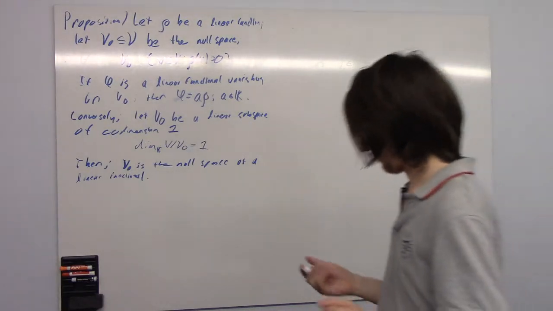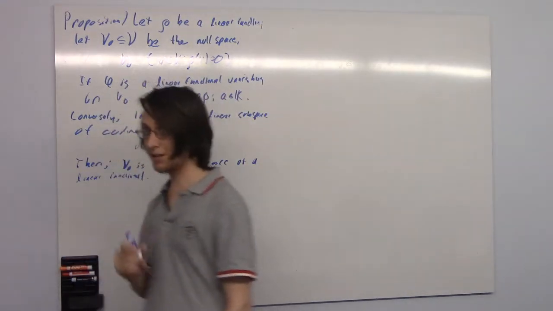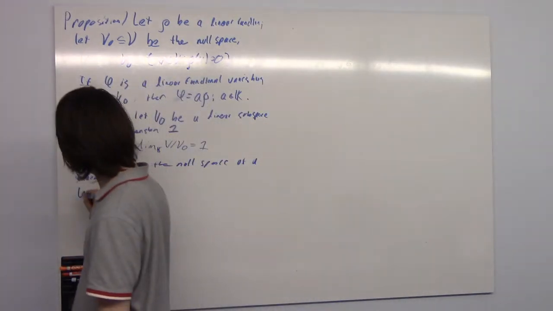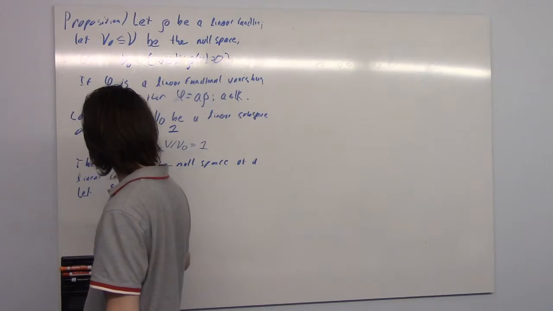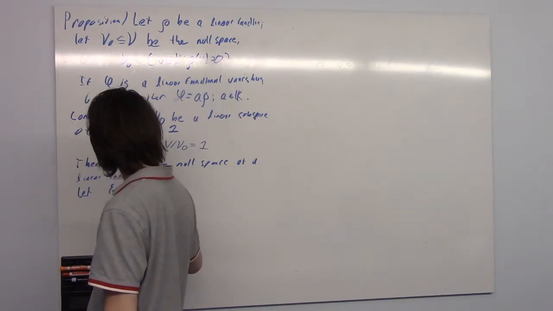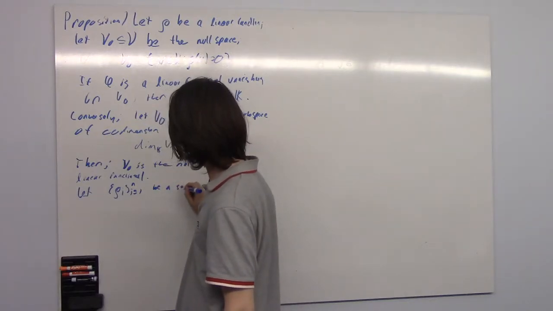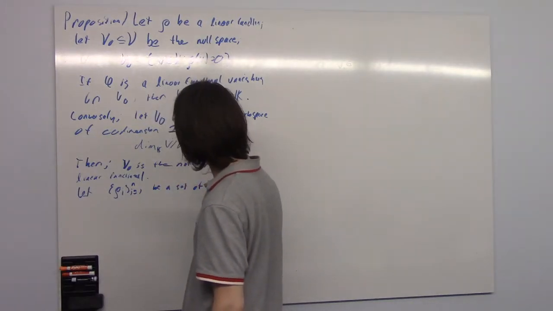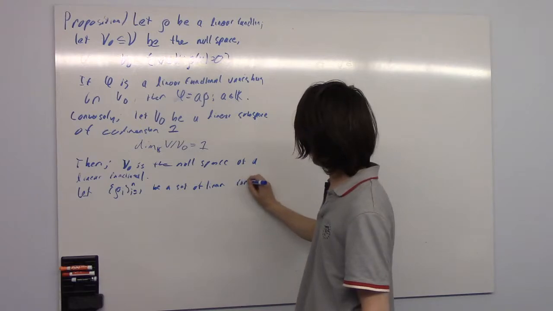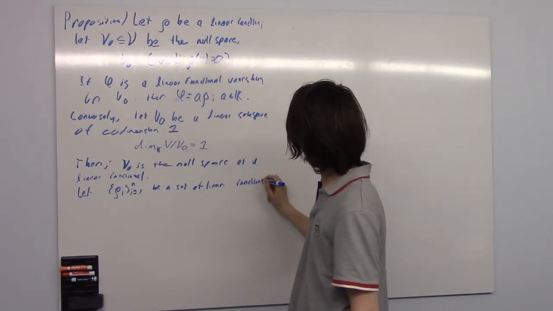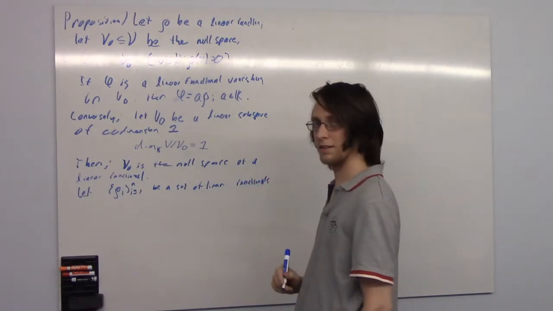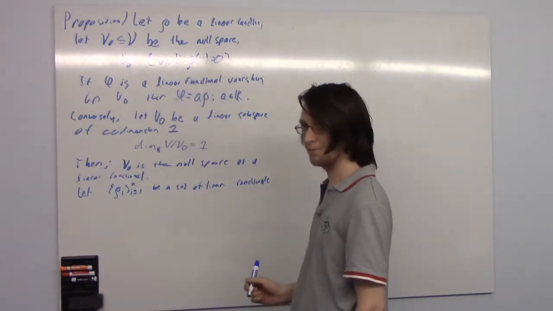More is true, and this surprises me. Let rho i, i equal 1 to n, be a set of linear functionals. So we have some nice linear functionals.